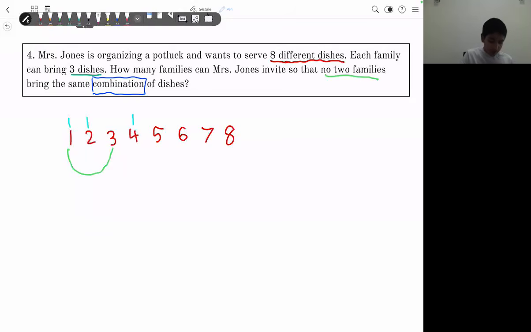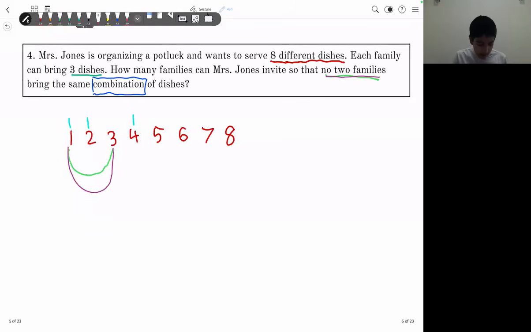And now what about if another family brings the same combination of dishes, 1, 2, and 3? But then that's not allowed, because it says that no 2 families can bring the same combination of dishes. So if we have 2 families that both bring this combination 1, 2, and 3, that would not be allowed. So that would actually be incorrect. So we cannot have 2 families with the same 3 dishes chosen.